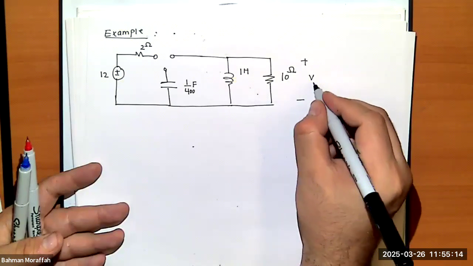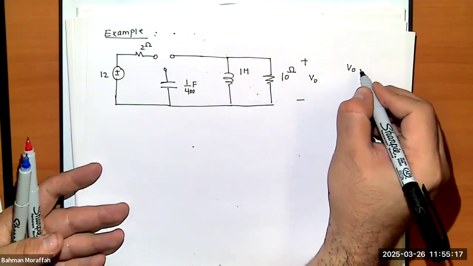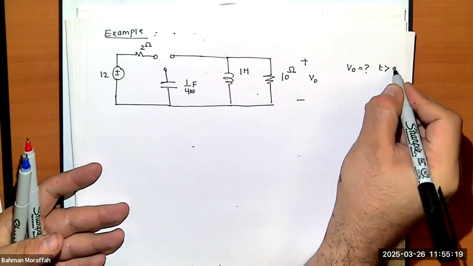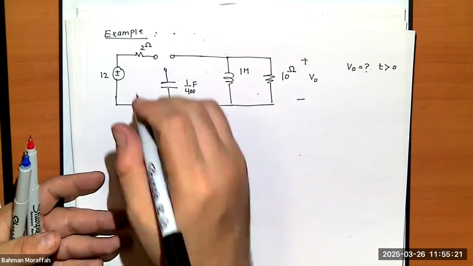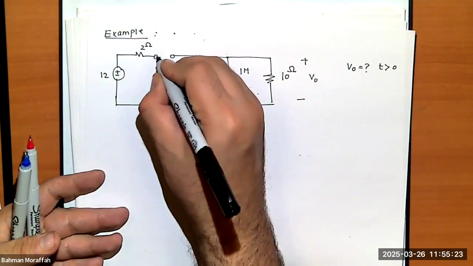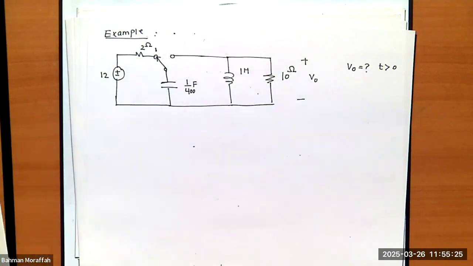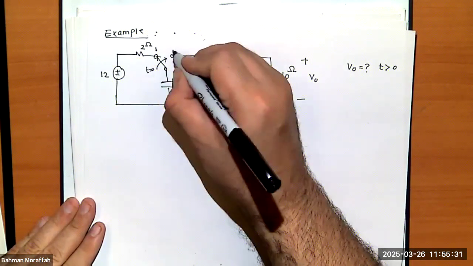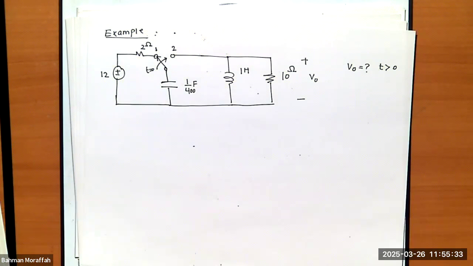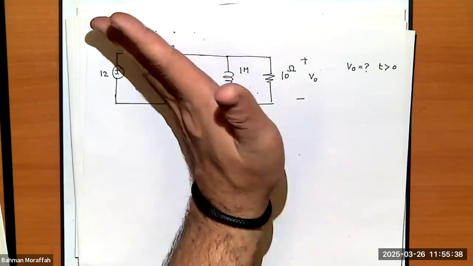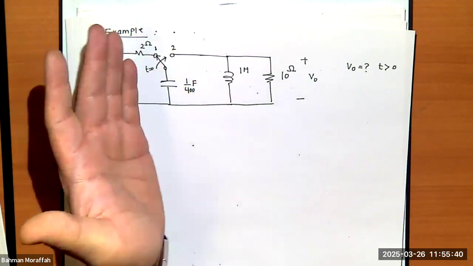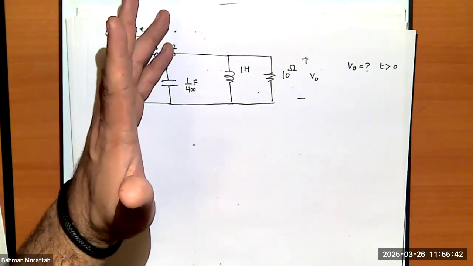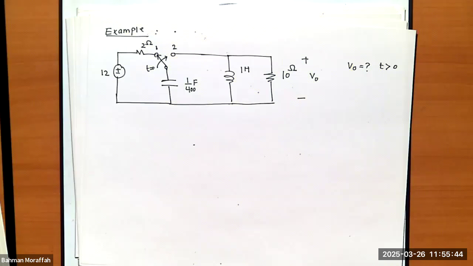And the question is, what is this V out for all times greater than 0? And let's just say I have a switch that is at position 1. And as soon as I hit time 0, it goes to position 2. Right? So basically for negative time, it is in position 1, and as soon as I have time 0, it goes to position 2.